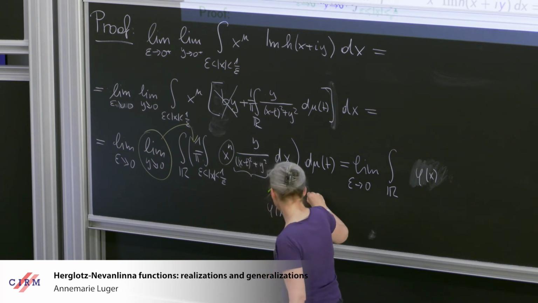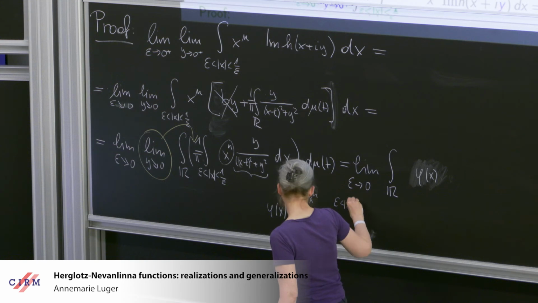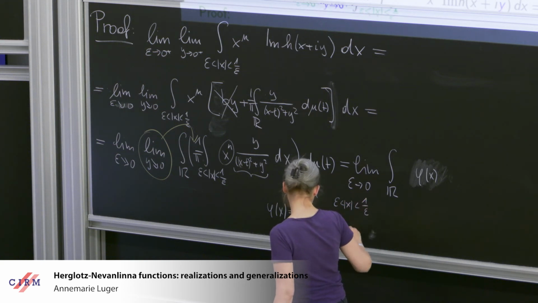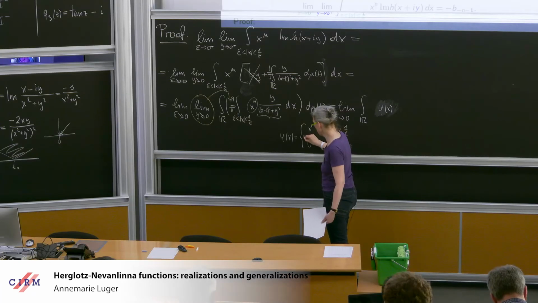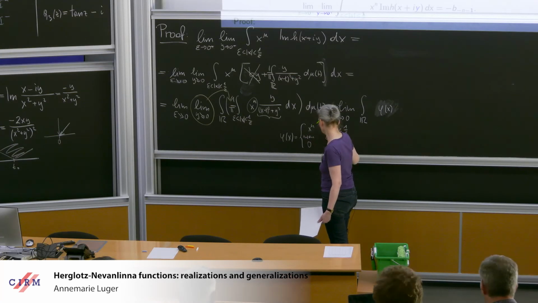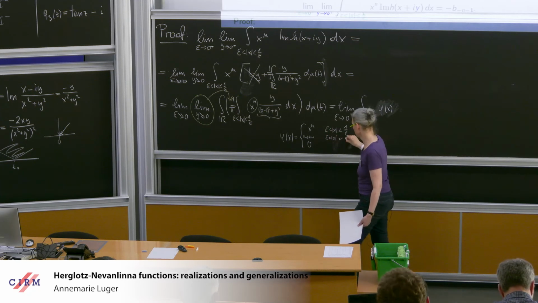So this is equal to x to the n as long as x is in the interval, then it is 0 outside, and then at the jumping points it is the mean value, so if x is equal to epsilon or 1 over epsilon.